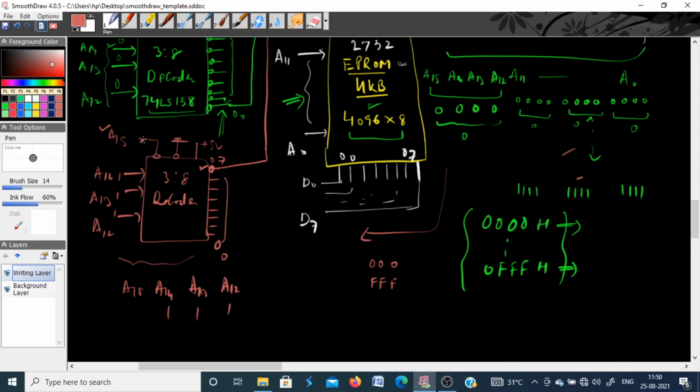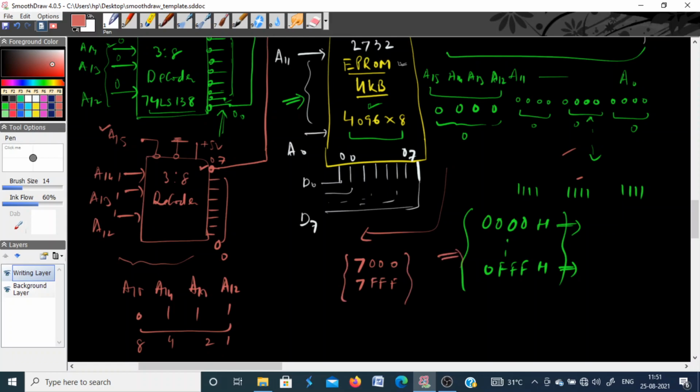And since I am connecting A15 directly, it should be kept at logic 0 because it is an active low pin. So the memory address will start from this. What is this number? This is 1, 2, 4, 8, so 4 plus 2 plus 1 is 7. So it goes from 7000H to 7FFFH.